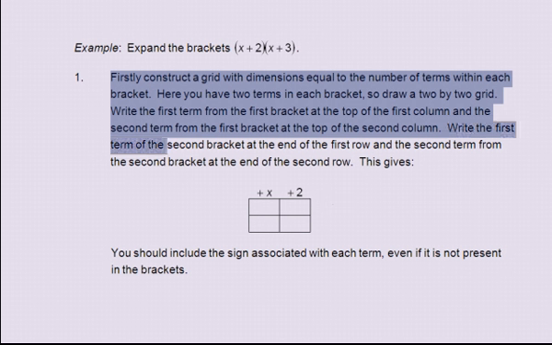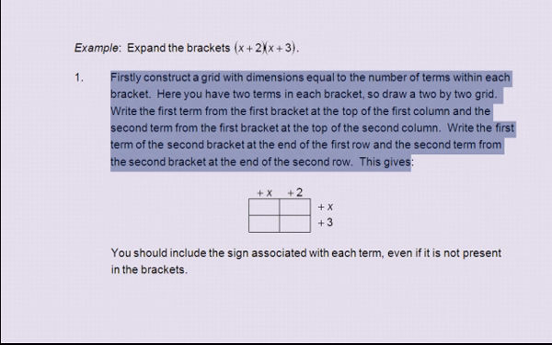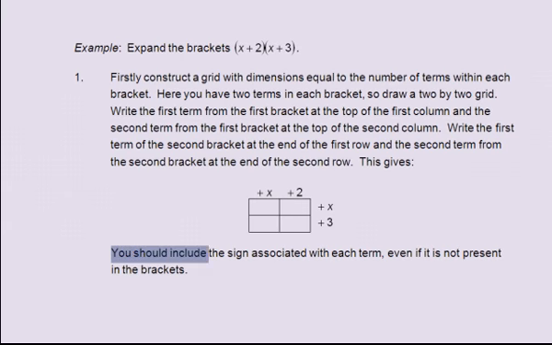Write the first term of the second bracket, which is x, at the end of the first row, and the second term from the second bracket, which is 3, at the end of the second row. This gives the grid below. You should include the sign associated with each term, even if it is not present in the brackets.